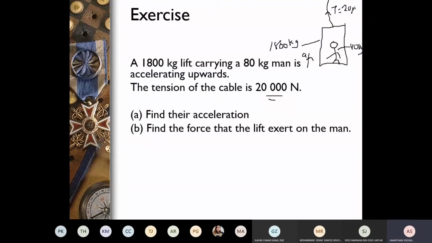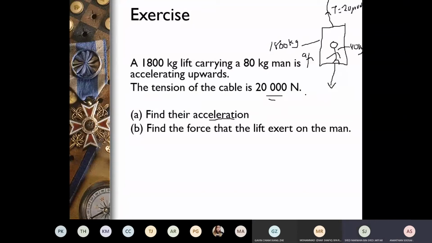So this is your diagram. What do you want? Find the acceleration. How much is the acceleration? So what are the forces acting downwards? The entire weight of the system, right?